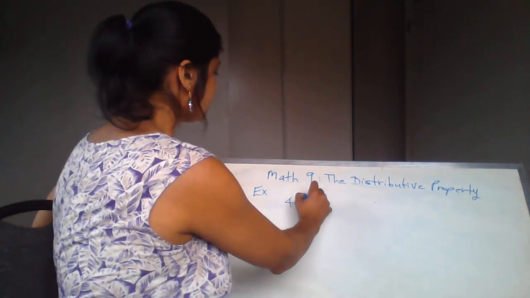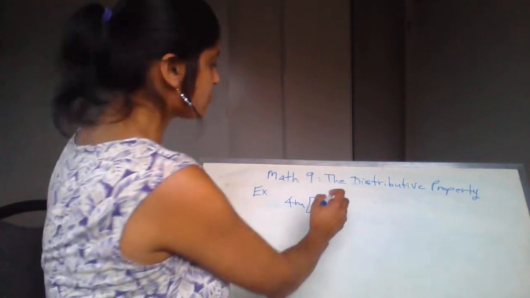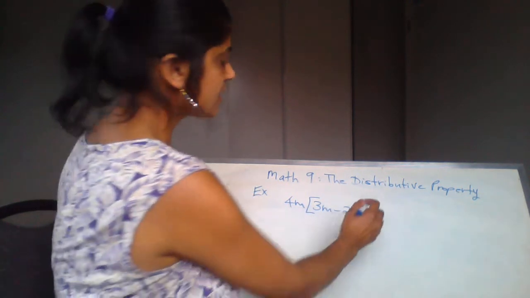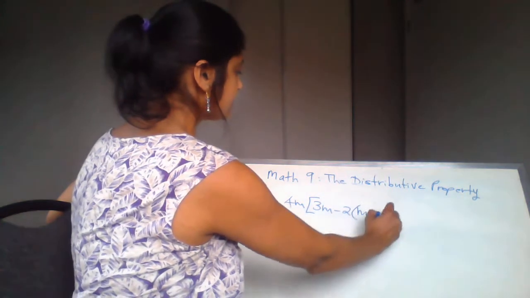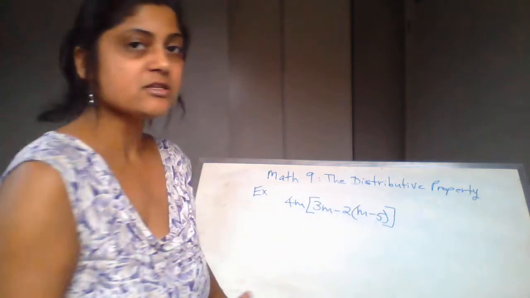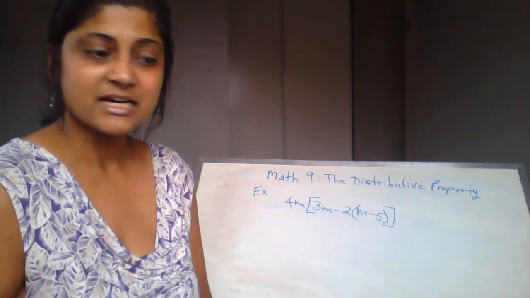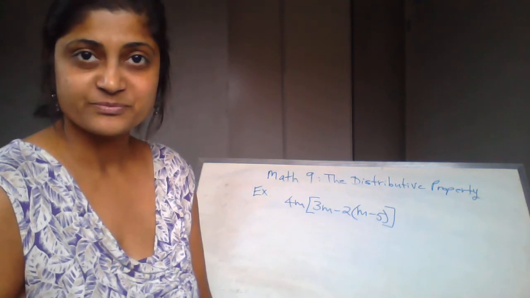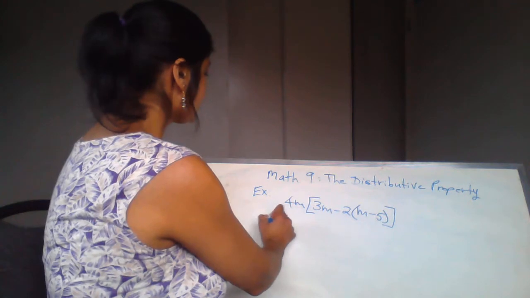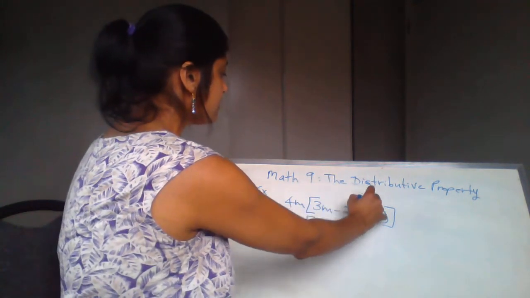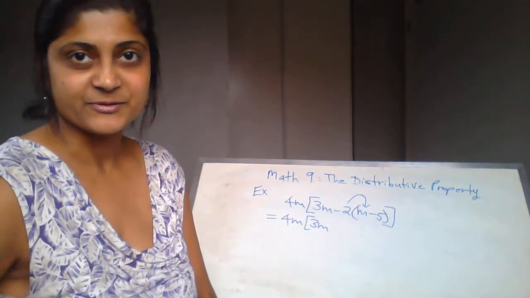So this is 4m, and I'm going to put the square brackets here. So 3m minus 2, and then m minus 5, okay? So it does look similar to the example that we just did before this one, except I think the signs are different here, all right? So we're going to keep everything the same, okay? And the first thing I want to do is open up this small bracket, okay?